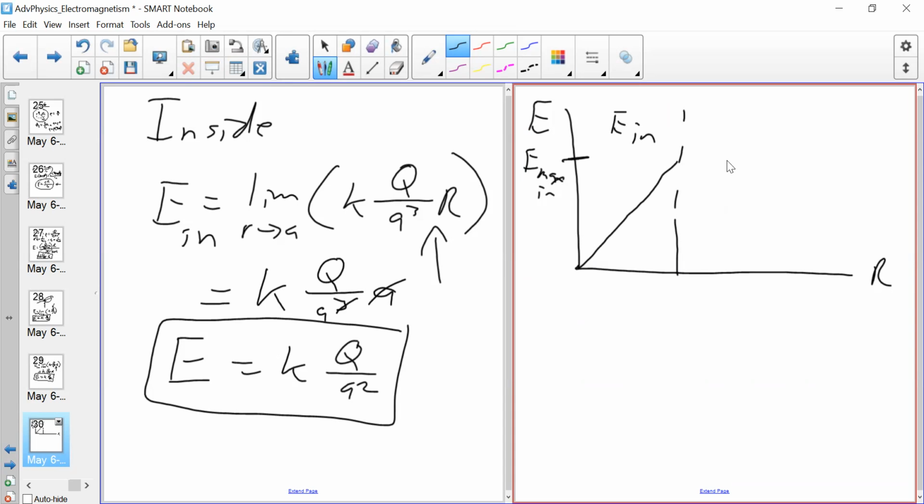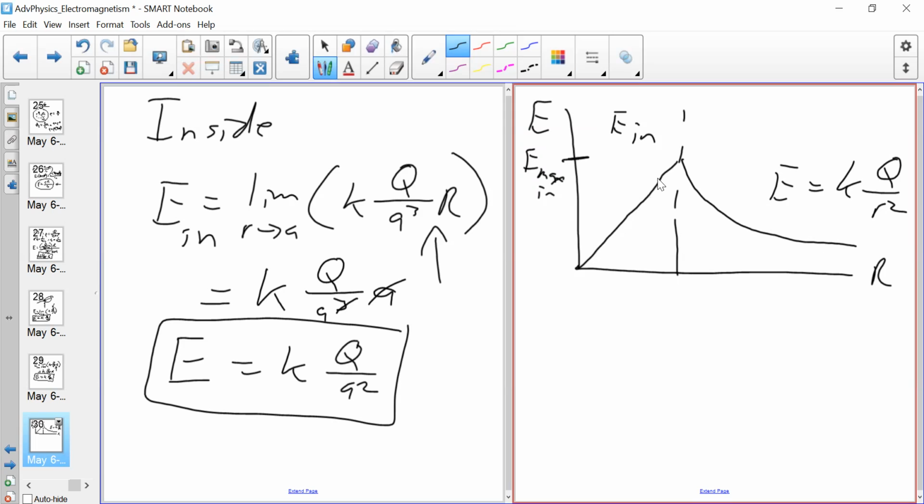And from the outside, as the electric field radiates into all of space, it's going to drop off as 1 over r squared. K q over r squared. This is basically a 1 over r squared function. And that's linear.